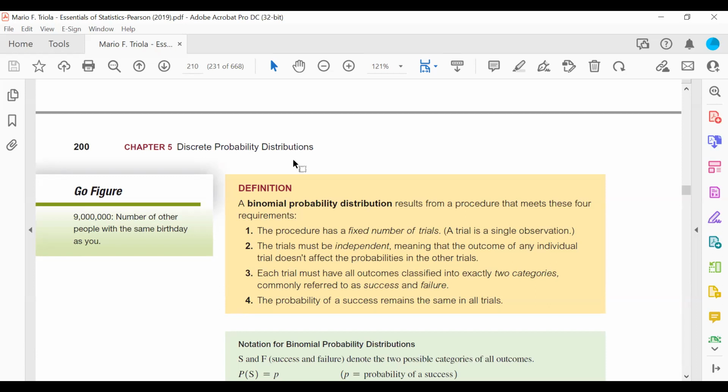There are machines now replacing humans in building the Tacomas. If the trials are not being made the same, that means the machine is going bad, so they're going to have to adjust it and so forth. So a plant making an item fits a binomial probability distribution.